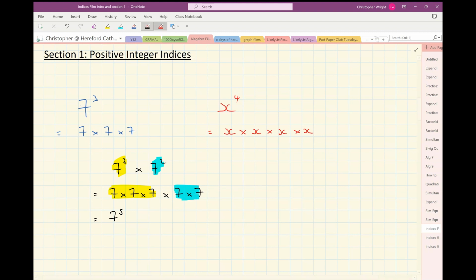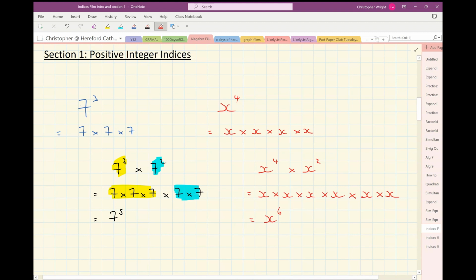In the same way, if we look at an algebraic expression, let's look at x to the 4 multiplied by x squared. Well, x to the power 4 is x times x times x times x. And then I'm going to multiply that by x squared, which is x times x. So what have I got there? I've got x to the power of 6.